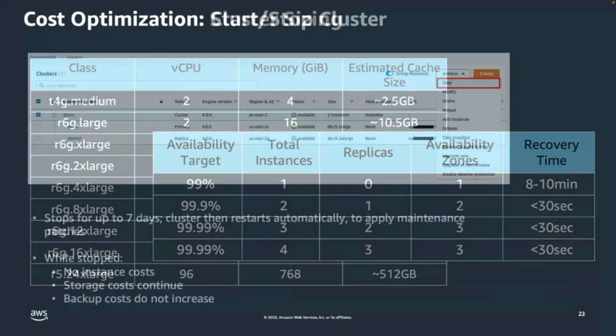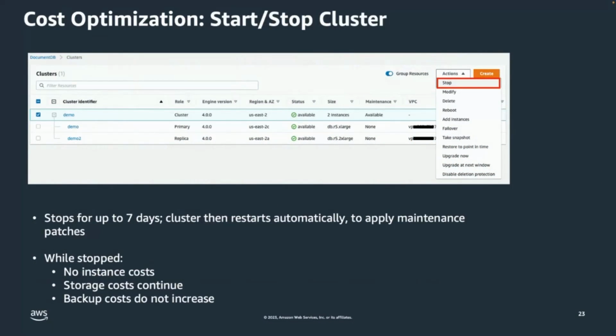Another instance cost optimization best practice is to start and stop your DocumentDB clusters. This is a good option for dev and test clusters, as you can turn them off over the weekend or non-operating hours. To stop a DocumentDB cluster, you can select a cluster and choose stop from the actions menu.